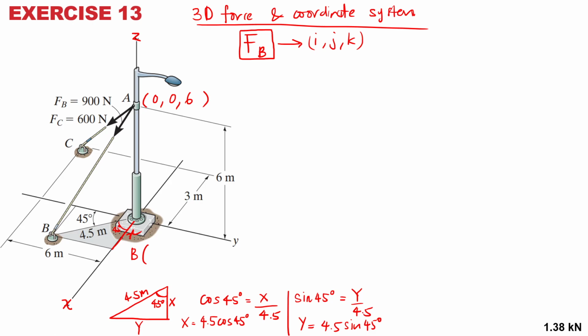I suppose it's the same. 4.5 cos 45 is 3.18. 4.5 sine 45 is 3.18 also. And finally z is 0. So this is B.